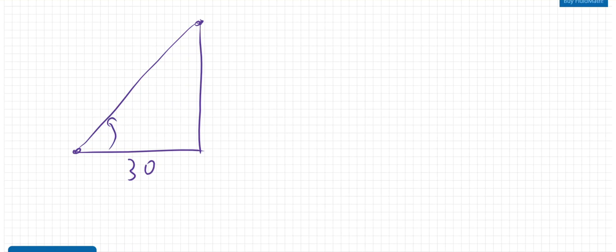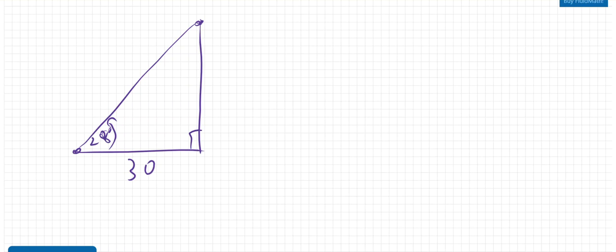Always make sure you identify your angle of elevation, or sometimes depression. And it tells us the angle of that elevation is 28 degrees. So 28 is just in there. And there's my right angle.